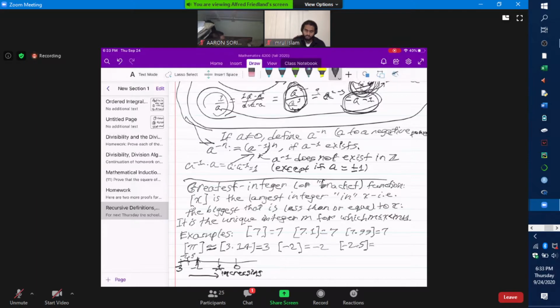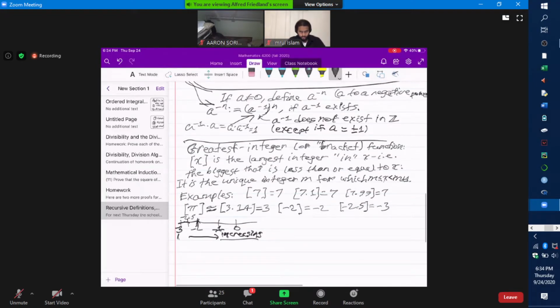This time it's going to be -3. That is the rightmost, the greatest integer, strictly less than -2.5. So the bracket function for an integer is just that same integer.